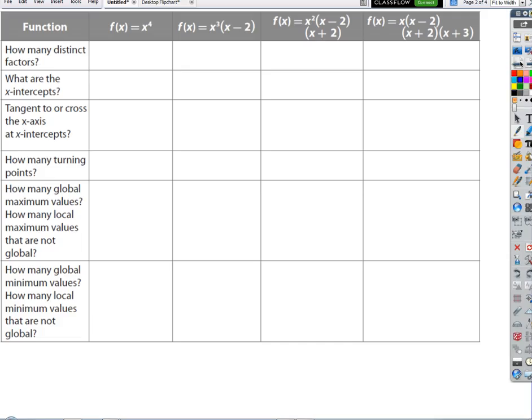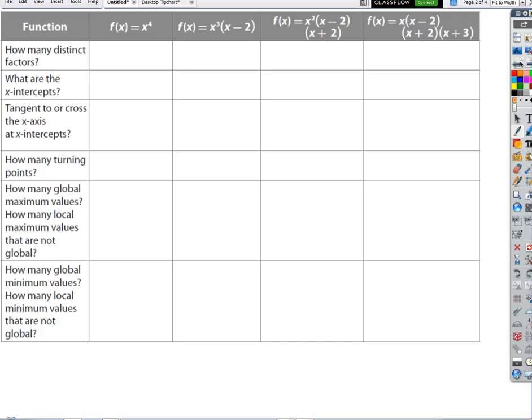And where's it going to be? At 0. But it disappears here. What's going on? It moves from the origin, right? What about these first 3 columns produced a tangent instead of a crossing pattern for the x-intercept?